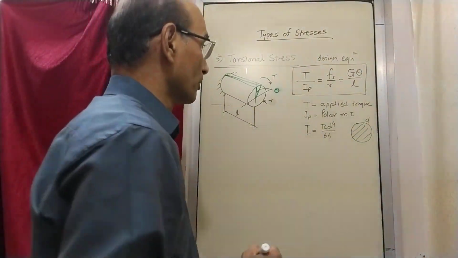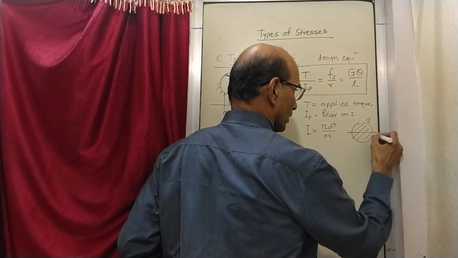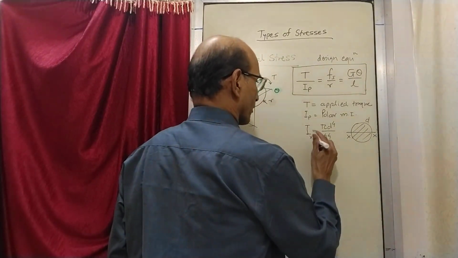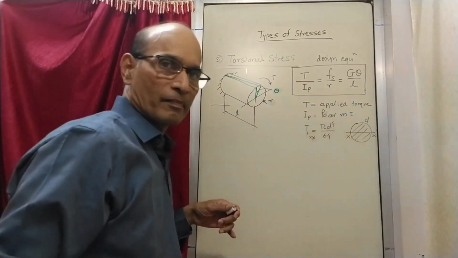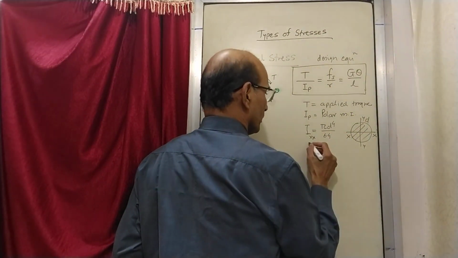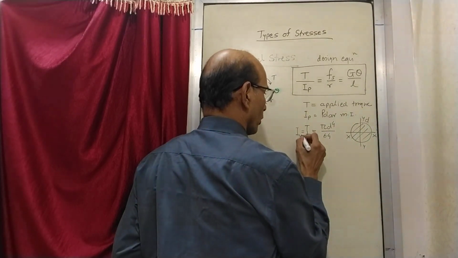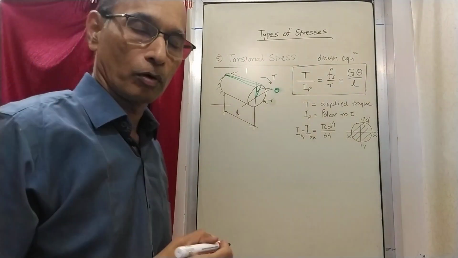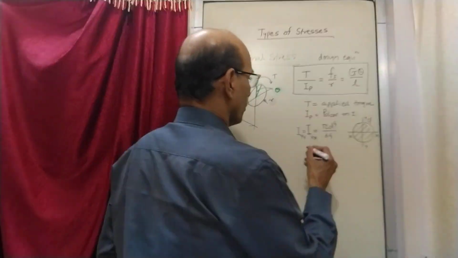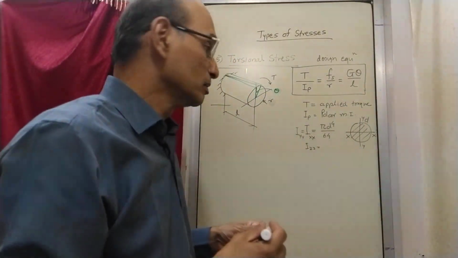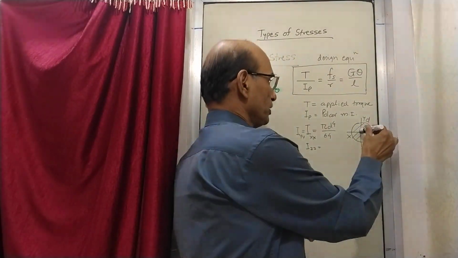Now this is the moment of inertia about axis xx. If this is the axis yy, then it is still the same, the formula is still the same, pi d raised to 4 upon 64. And what is the moment of inertia about zz? Where is zz? Zz is perpendicular to these two.